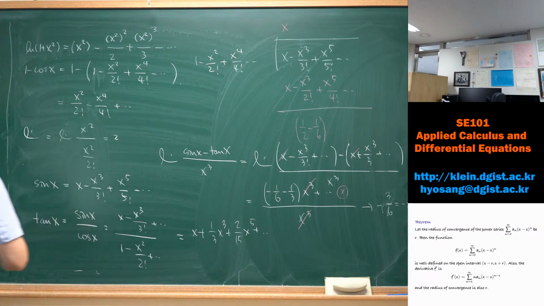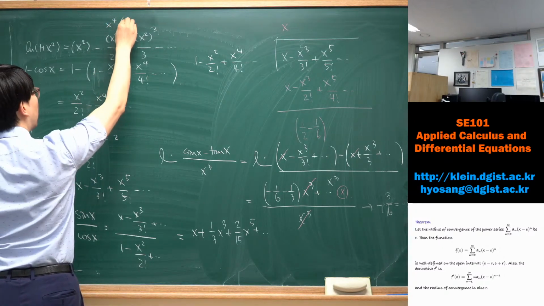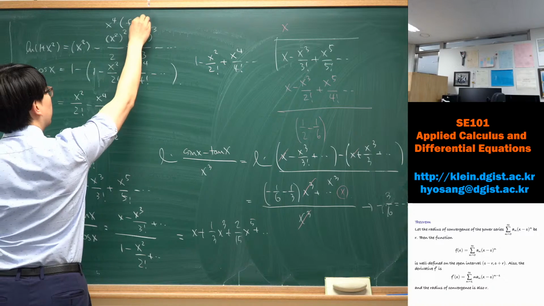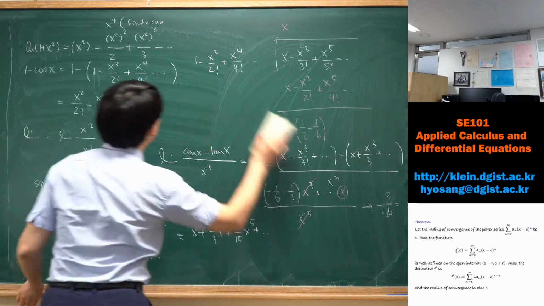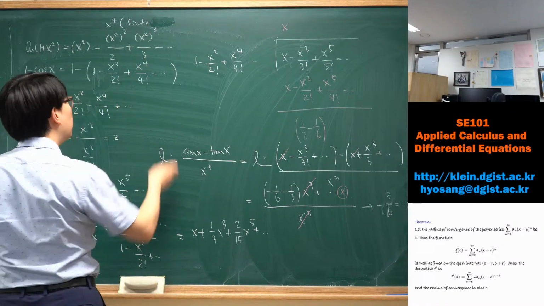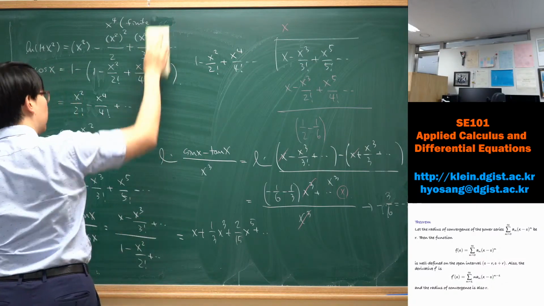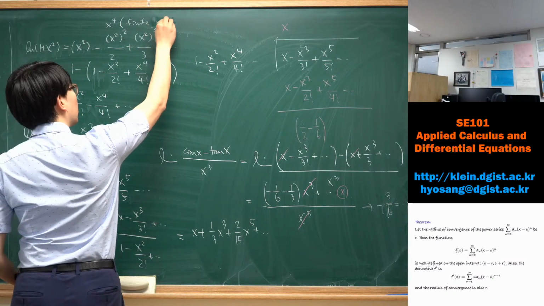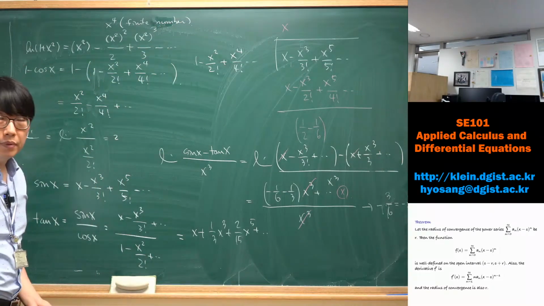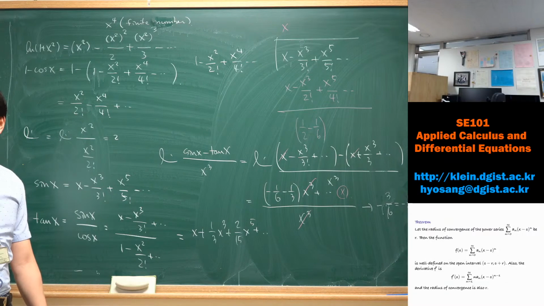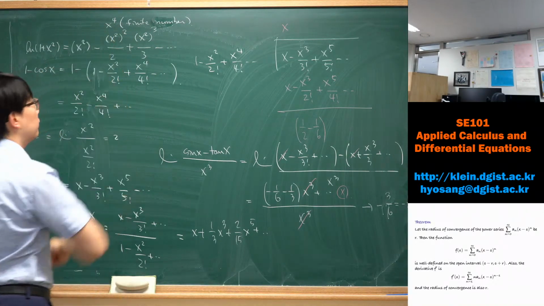So the rest of the terms look exactly like x to the 4 times some finite number. So although you have an infinite sum, this always converges to a finite number, and it is multiplied by x to the fourth.